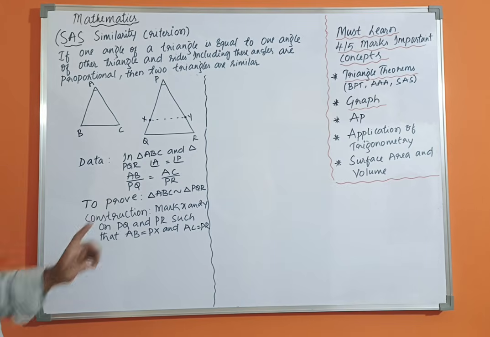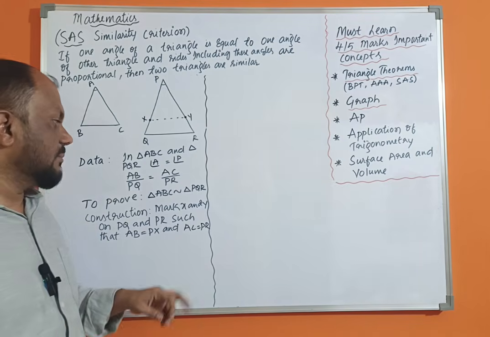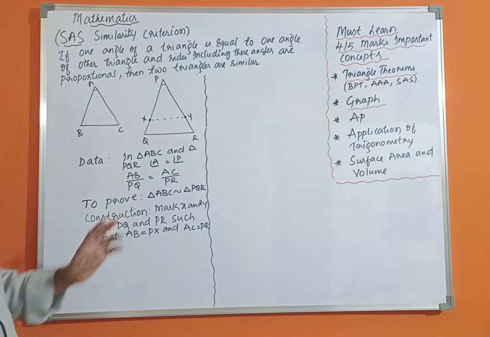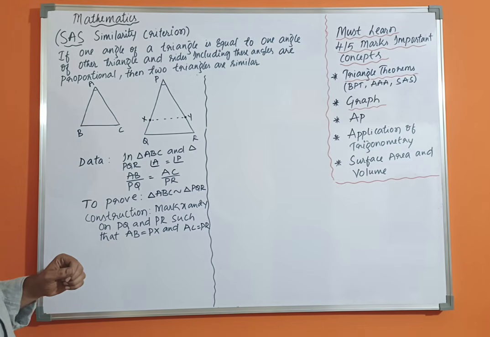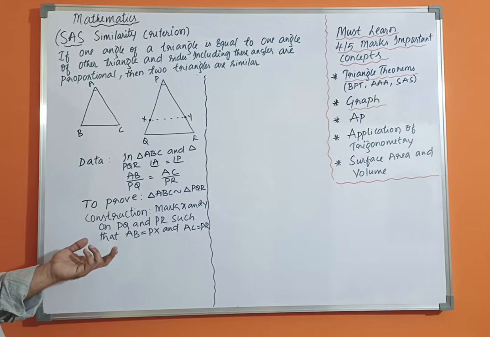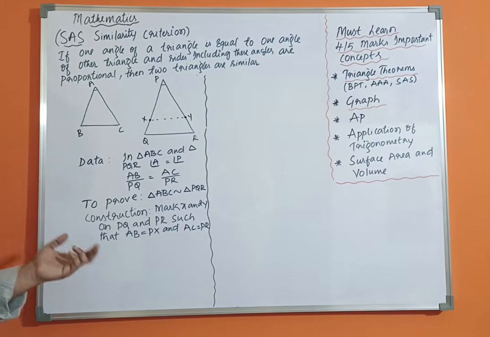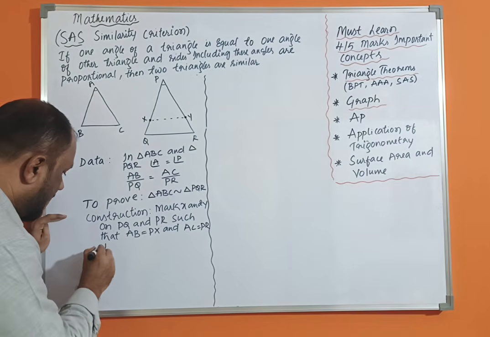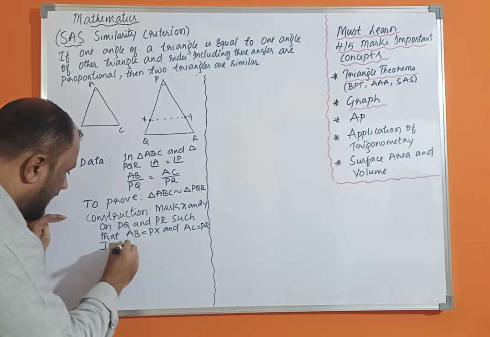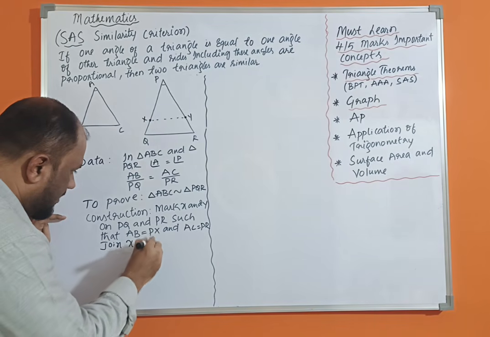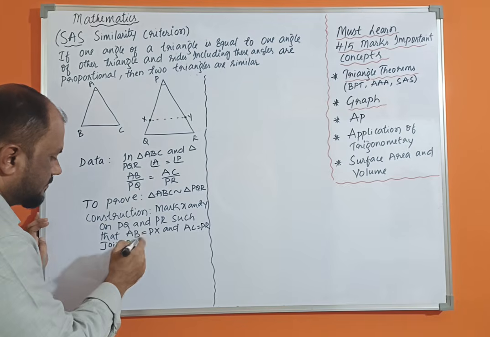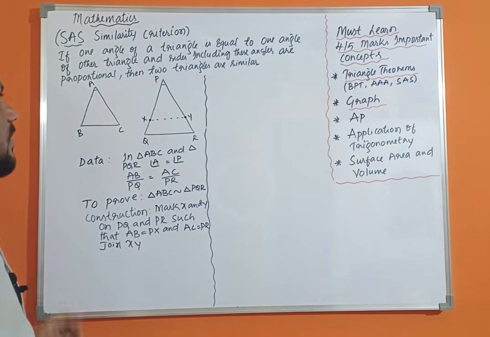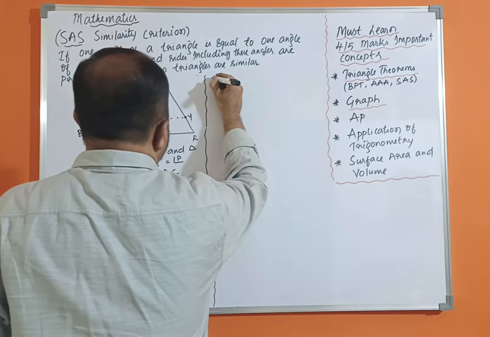So first we wrote the data, then we are trying to prove ABC is similar to PQR. Now the construction is to mark X and Y on PQ and PR such that AB is equal to PX and AC is equal to PY, then join X and Y, or you can also join XY. Okay, now come to the main important part.